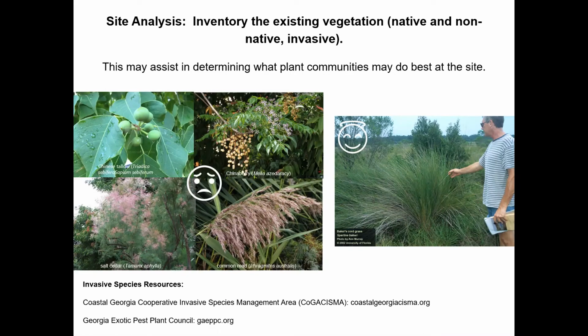You may also want to seek out your county extension agents with UGA to see if they may be able to assist you in this effort. But identifying and eliminating invasive species is paramount to the well-being of any landscape here on the coast.